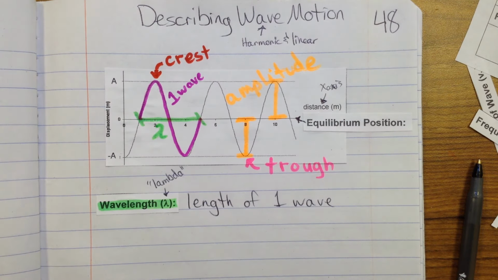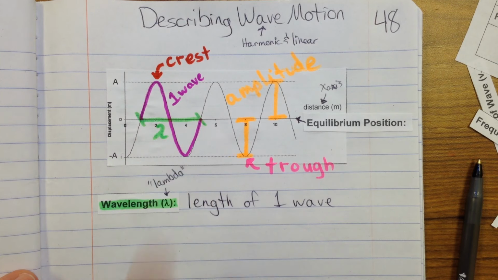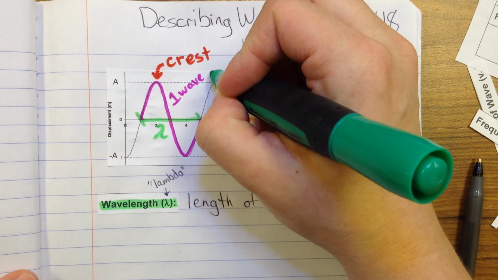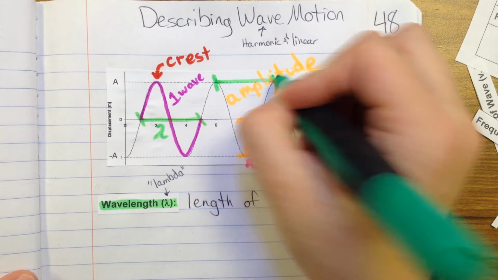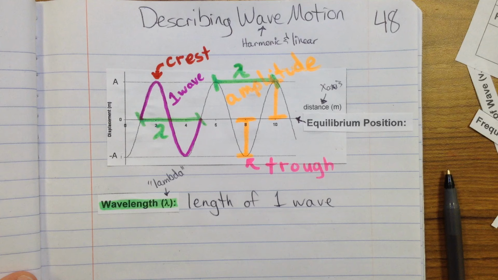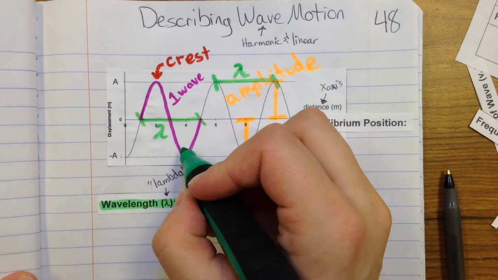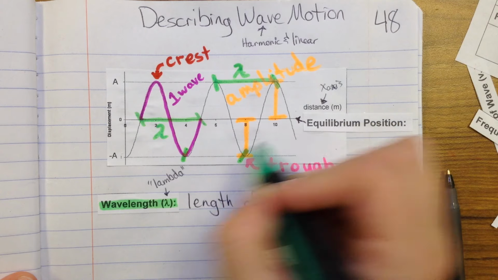Wavelength. We can measure the wavelength along the equilibrium position, or we can measure it from crest to crest, right there. There's another wavelength, lambda. Or we can measure it from trough to trough, from right there to right there.